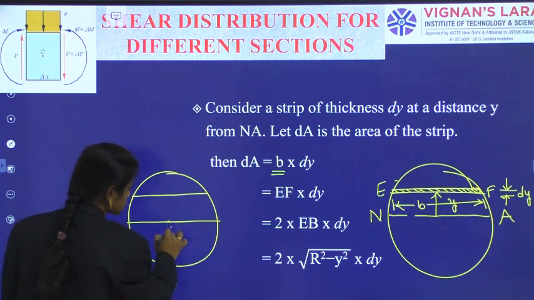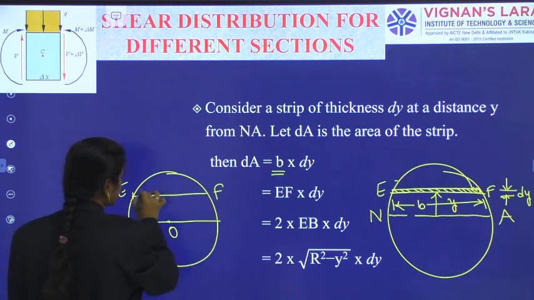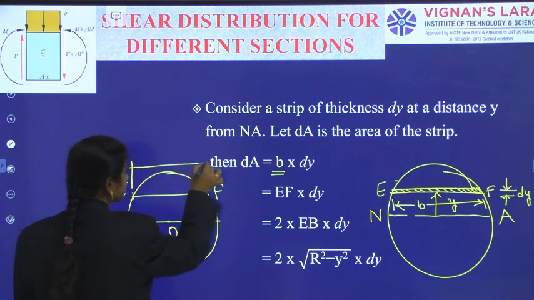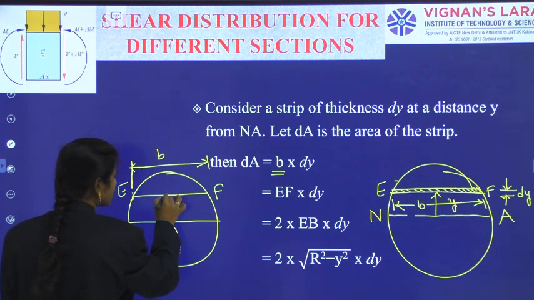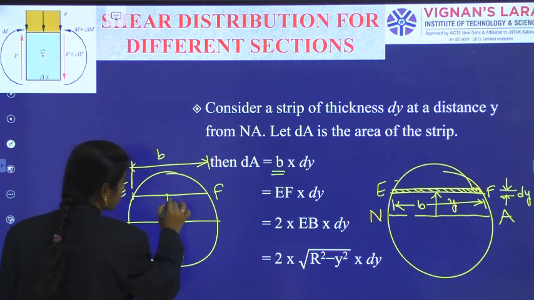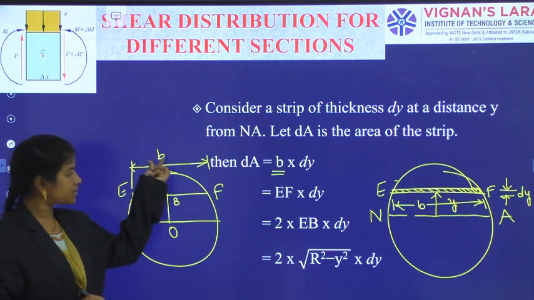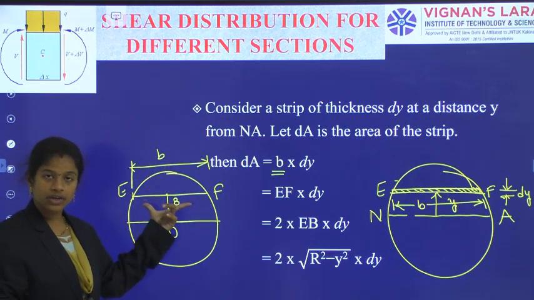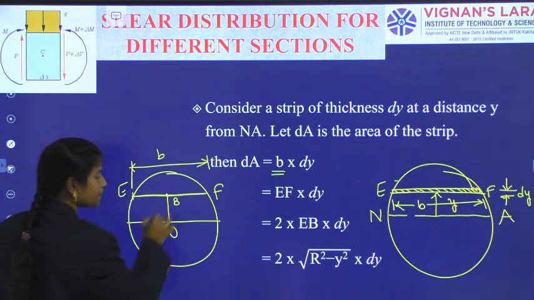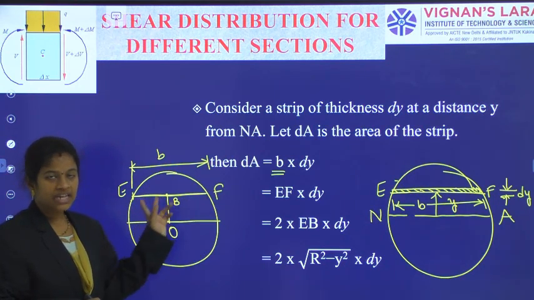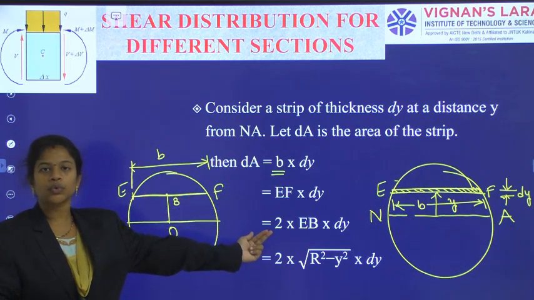Here O is the center, and this is E and F, and we dropped a perpendicular, with the corner indicated as B. So what is this B value? That value is equal to the EF value. EF is equal to EB plus BF. As both are the same, EF is equal to 2 times EB.